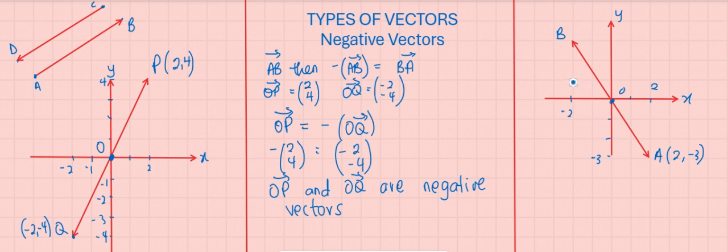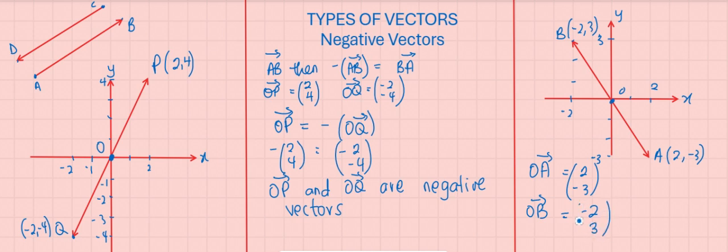OB has negative 2 and positive 3. So you can say that OA is 2, negative 3, and OB is negative 2, positive 3.